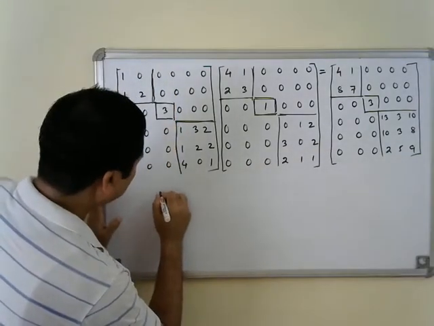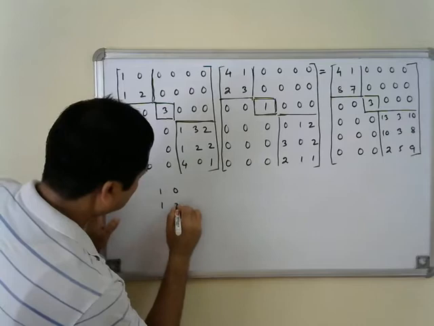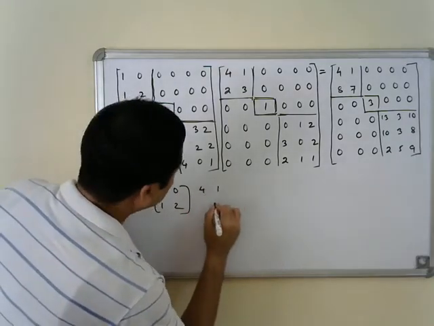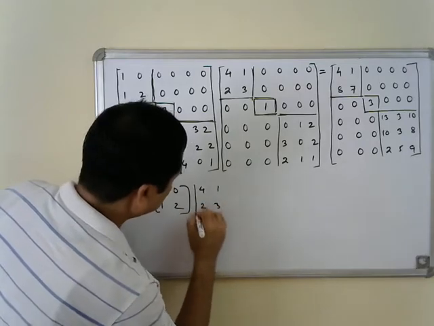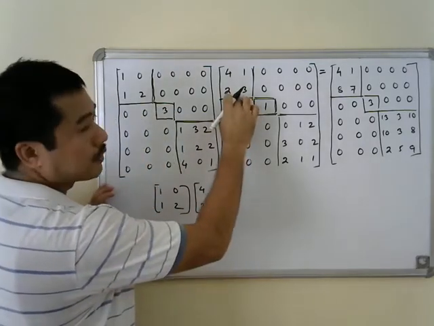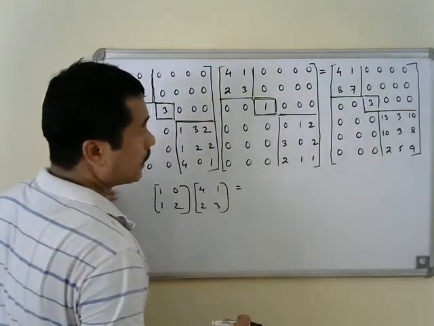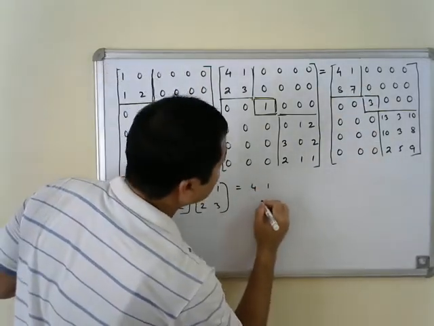So what we can do is multiply the first block here with the first block in the second matrix, and that will give us the first block in the resulting matrix.